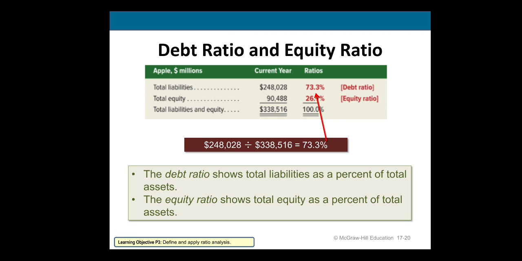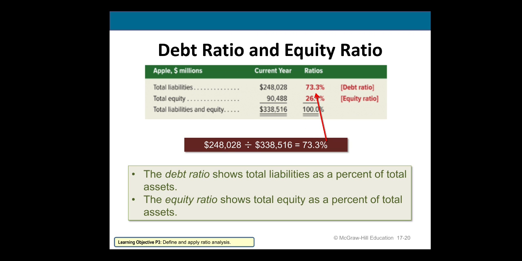The way to interpret the equity ratio is the opposite of the way we interpret the debt ratio, because you know the accounting equation, assets equal liabilities plus equity. So if the equity is low, the liabilities are high.